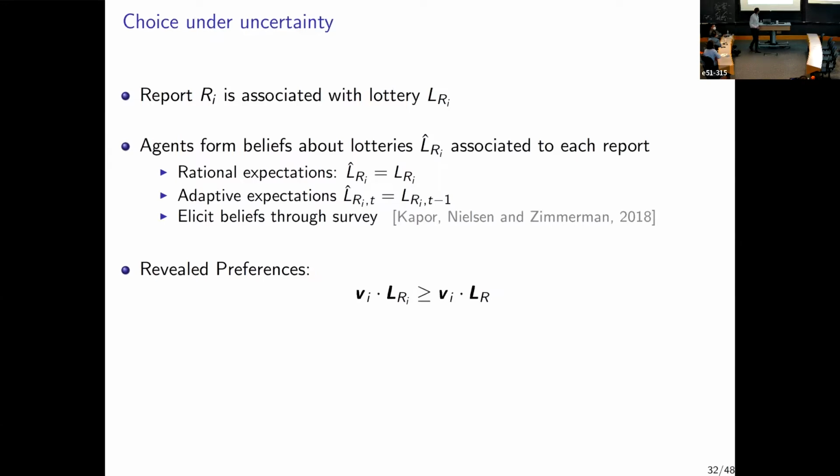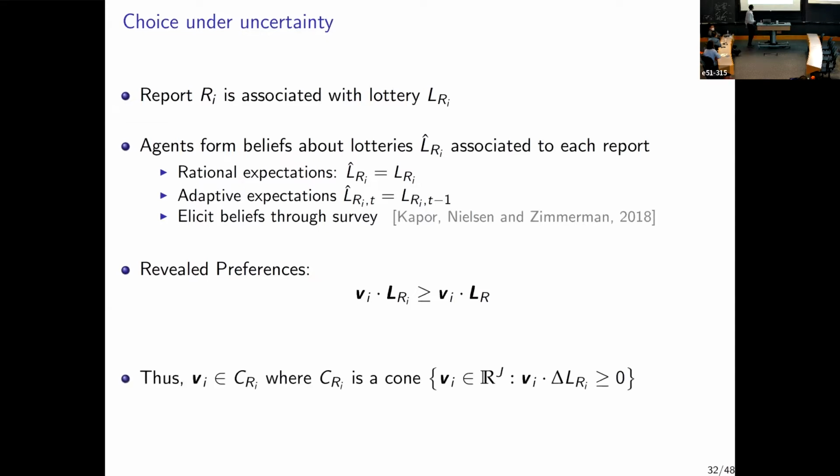Notice that I have V on both sides, so I can subtract one to the other side, and I'm going to say that V rationalizes a particular choice of a report if V is such that V times the difference between L_R_i and any other L_R is greater than 0, because I moved this to the other side, that's a difference.